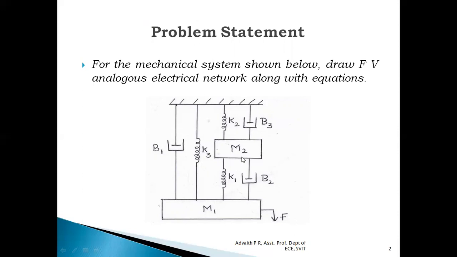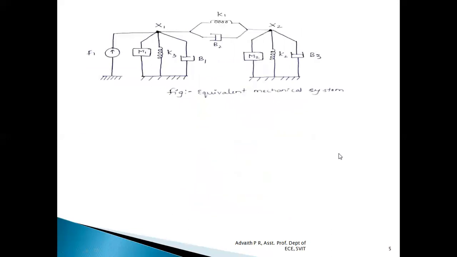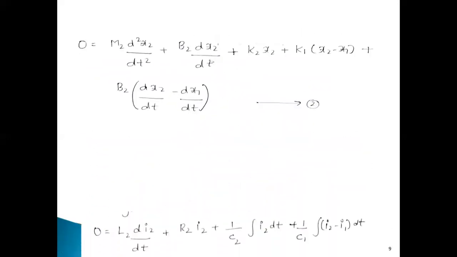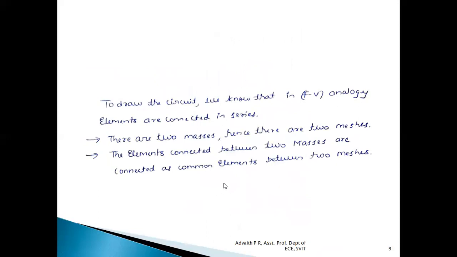So if forces are different, if we consider force voltage analogy, the voltages should also be different. The voltages will be different only in series circuit. We already know that. In electrical analogy, when the circuit elements are connected in series, the voltages will be different, whereas current will be same. Hence, when we are drawing FV analogous circuit, all the circuit elements should be connected in series. We have to remember that.